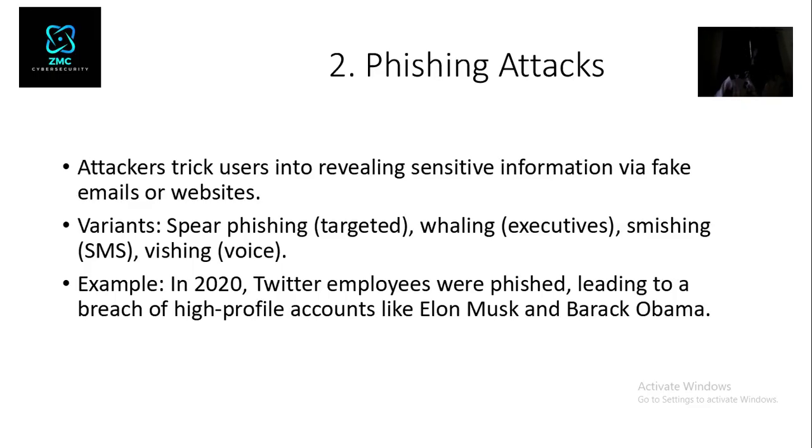So phishing attacks, I spoke about it earlier in the previous video, is when attackers use tricks to get you to reveal sensitive information via fake emails, websites, or links.